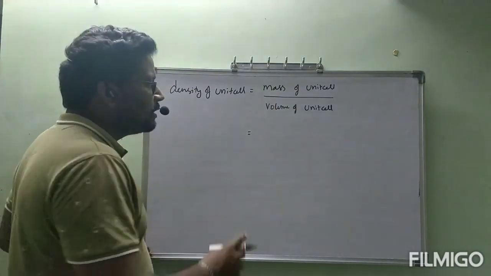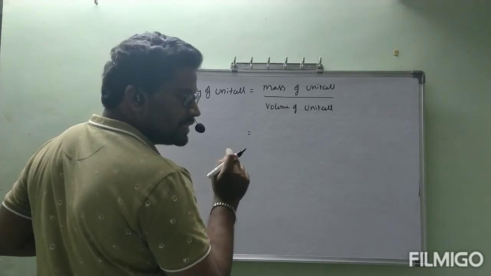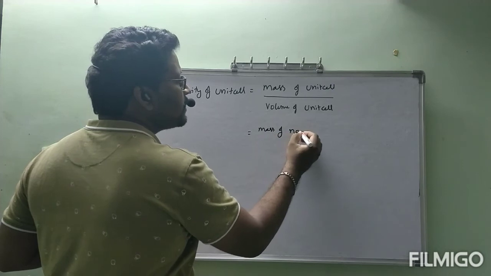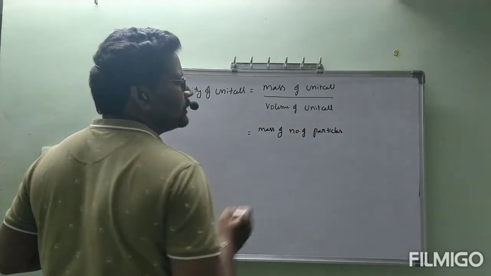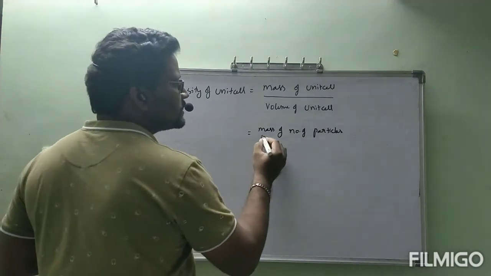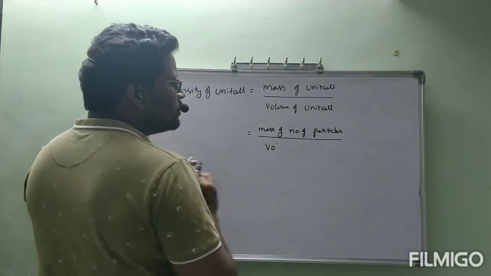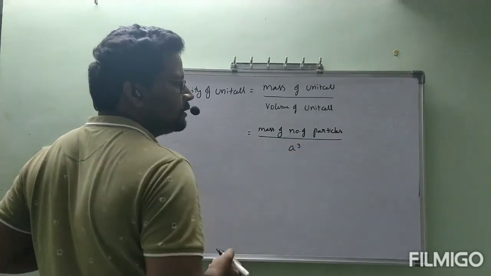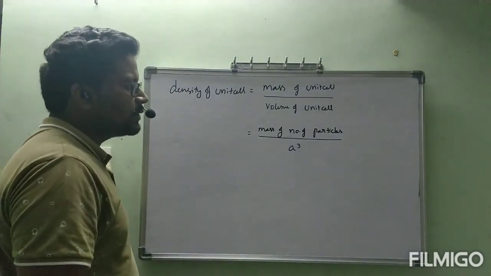So I am writing here, mass of unit cell is nothing but mass of number of particles, divided by volume of unit cell. Volume of unit cell is A cube, right? If edge length is A, then volume of unit cell is A cube.